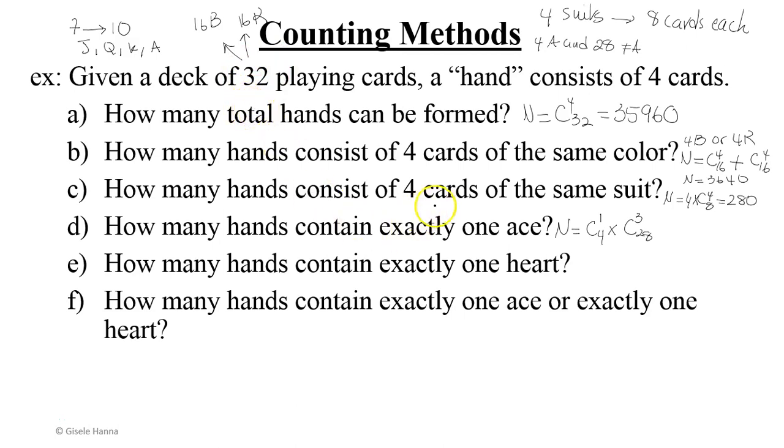So I will repeat, to contain exactly 1 ace, I need 1 card out of these 4 and 3 cards out of these remaining 28 cards. And since this 1 card and these 3 cards together form 1 hand, in that case you'd multiply.